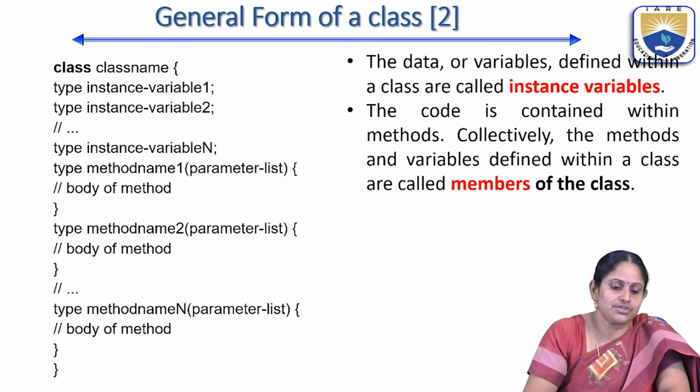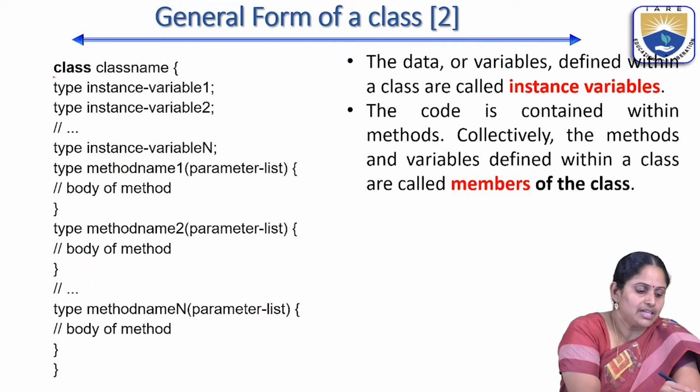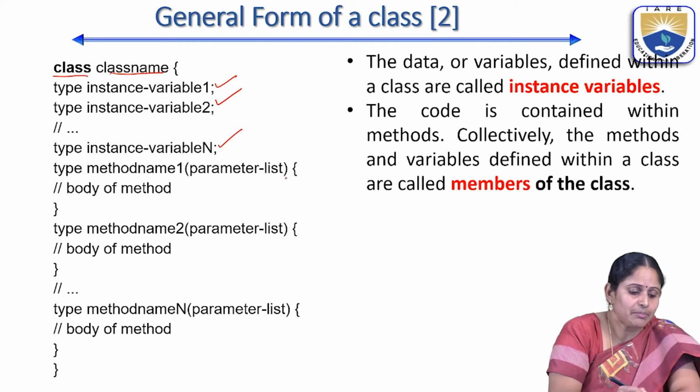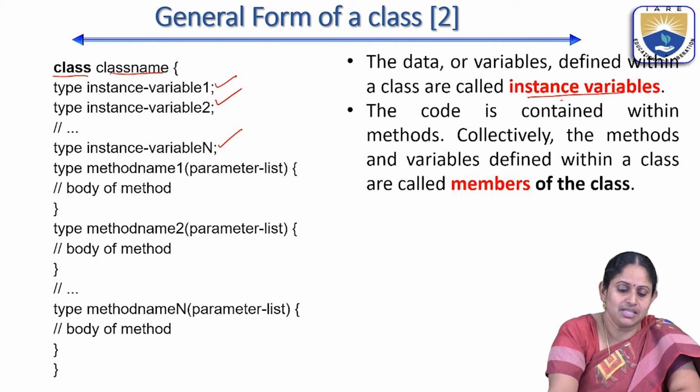Now, this is the basic structure of a class. We have the class keyword followed by the class name. Then it can have various members.